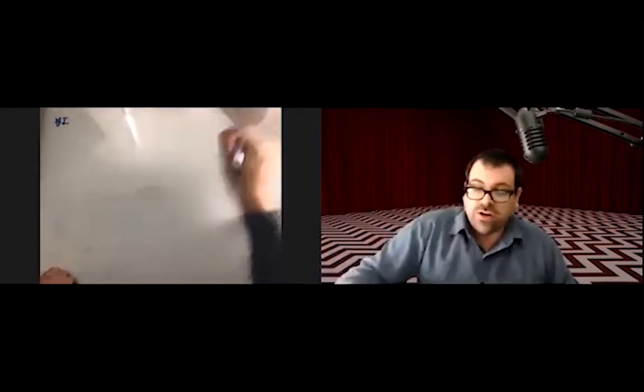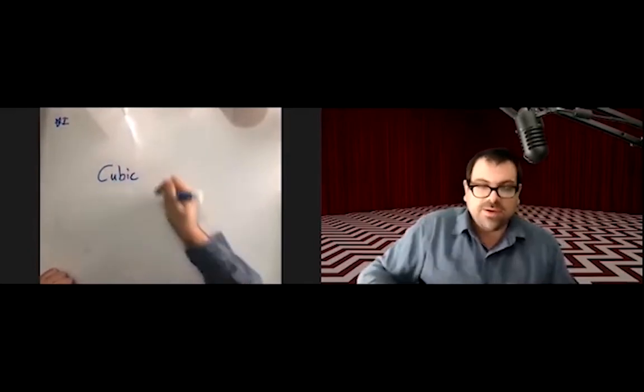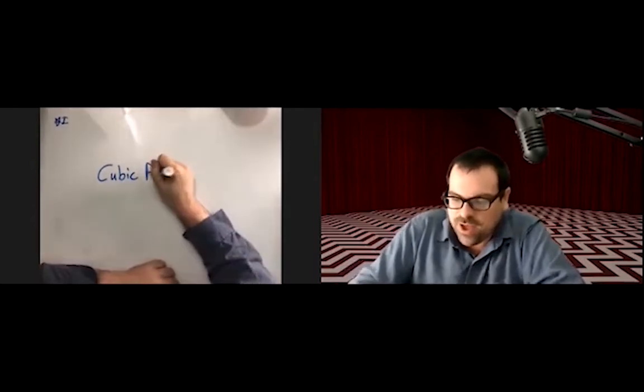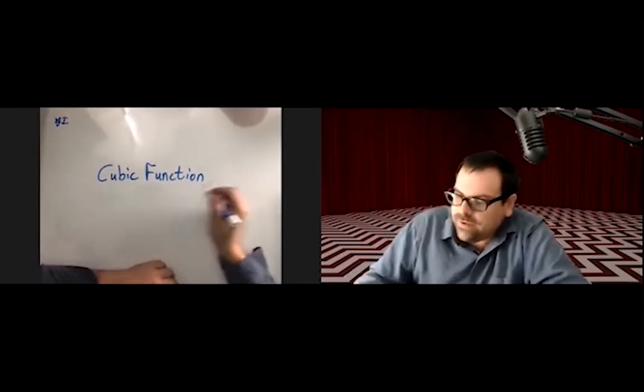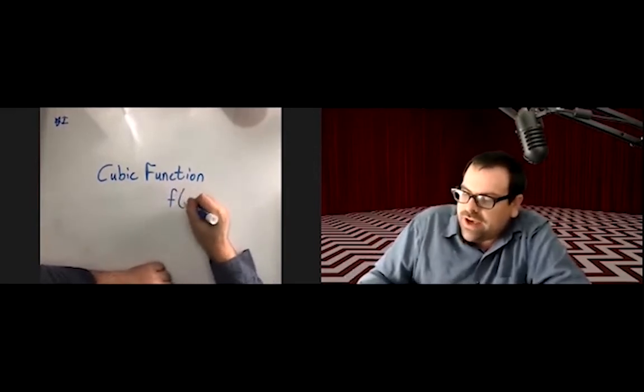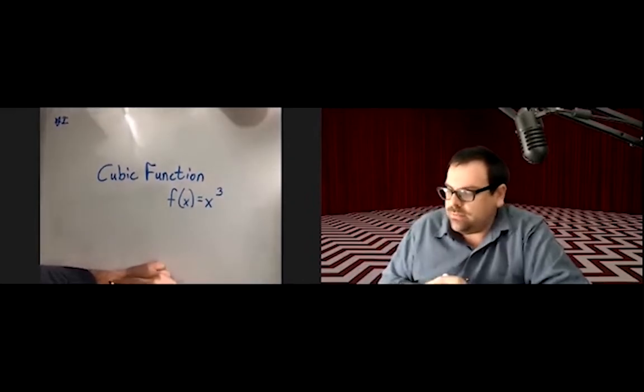Next, the cubic function. Don't worry, this is going to pick up. It's not all going to be fun drawing pictures today. The cubic function. I mean, it's going to be kind of fun drawing pictures. This is f of x equals x cubed.